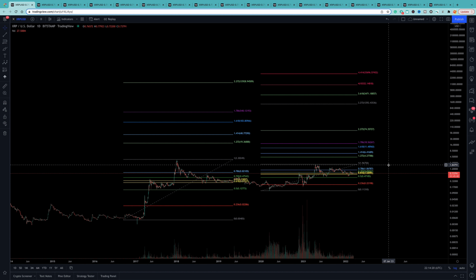So they bought back not 1%, but 0.5% of all the available XRP. Ripple bought it back themselves. So you can imagine what would happen if they did that every month for a year or two. And that's the start of it.